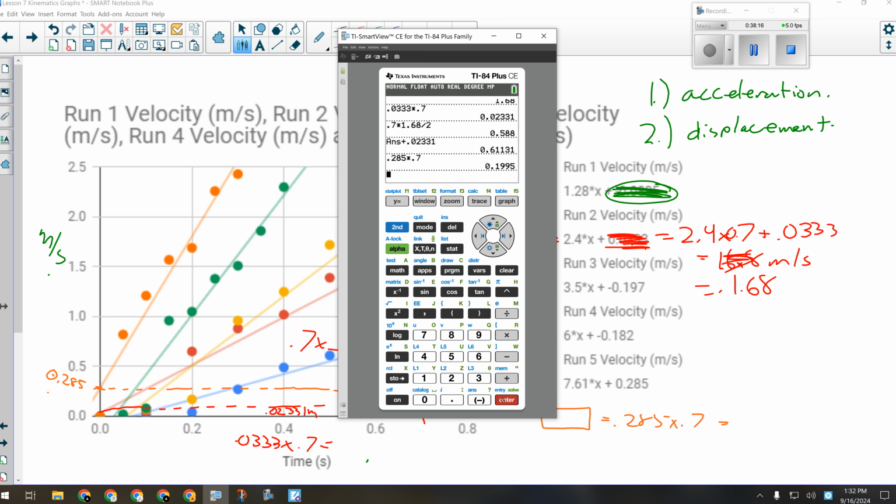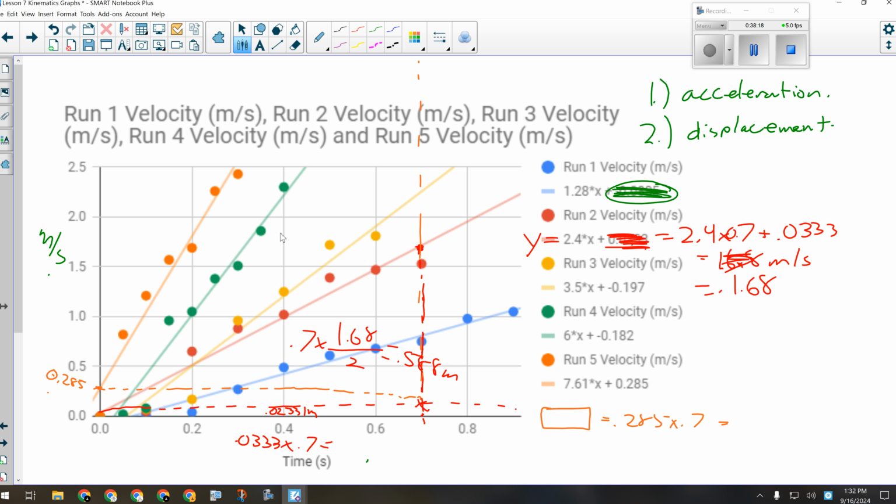All right, so 0.1995 meters. How does that come out to meters? I'm multiplying v times t, right? Meters per second times seconds makes the seconds cancel and leaves just meters behind, right? Okay, so I've got that.